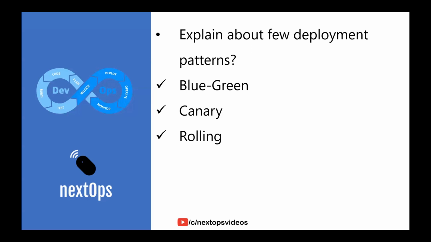And the next deployment pattern is canary. In canary, you don't create two infrastructures, you only maintain one infrastructure, but create two deployments within the infrastructure with version 1 and version 2. Using load balancing technologies, you redirect a certain percentage of users to version 1 and a certain percentage of users to version 2.